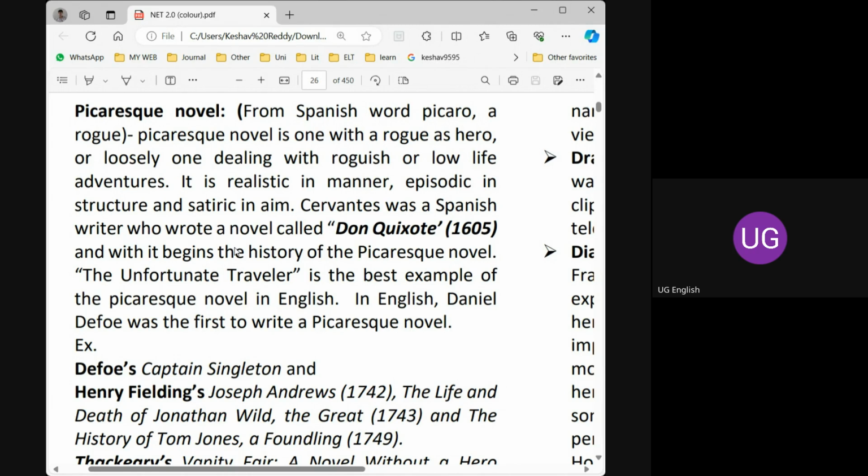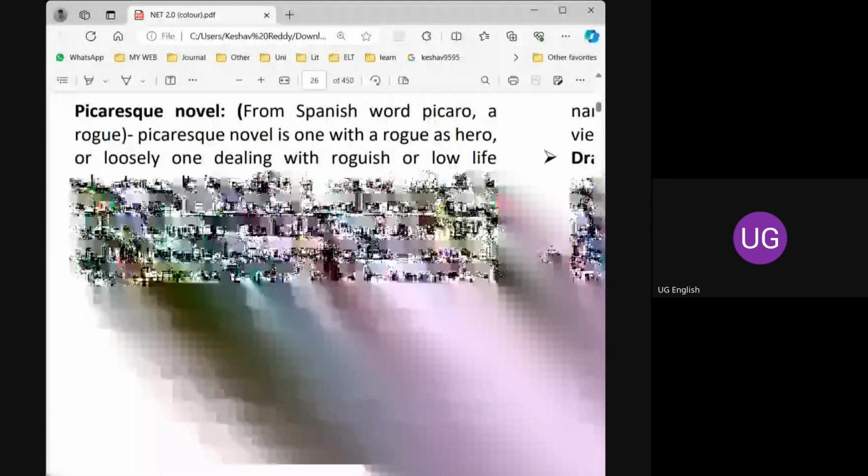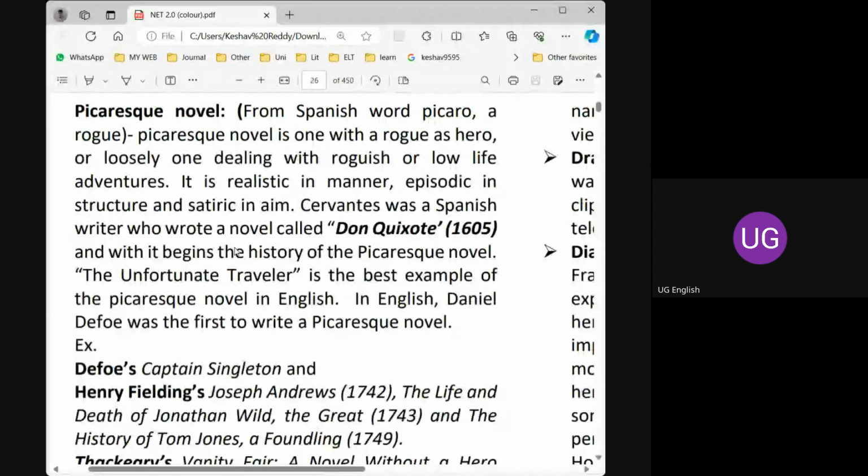That is, the first work is The Unfortunate Traveller. Very, very important. The subtitle: The Unfortunate Traveller, or The Life of Jack Wilton, not Milton. So Life of Jack Wilton, very important work.